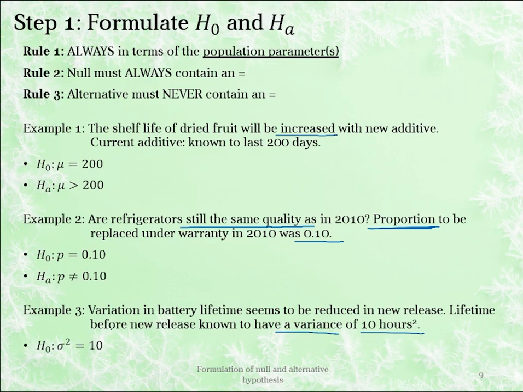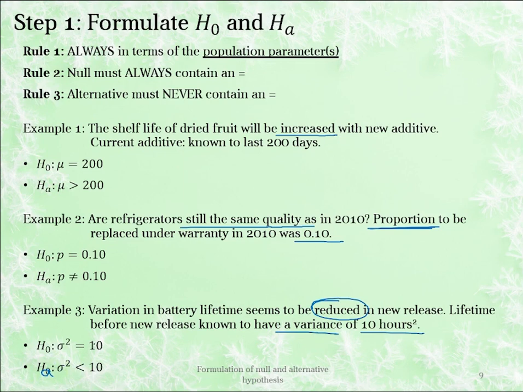We assume it's the same unless we've proven otherwise. So the thing we're interested in proving is whether the variance in the lifetime has been reduced. So the alternative is that the variance is now less than 10 hours squared.